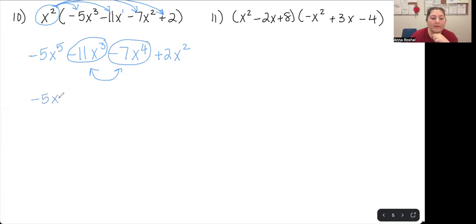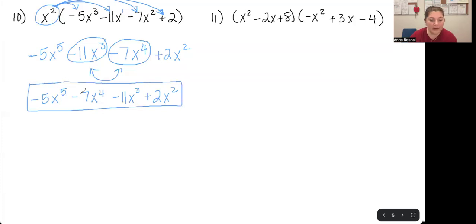So I'd have negative 5x to the fifth minus 7x to the fourth minus 11x to the third plus 2x squared, so that we can see that we have our exponents in standard form, starting with the largest first, moving all the way to the smallest.